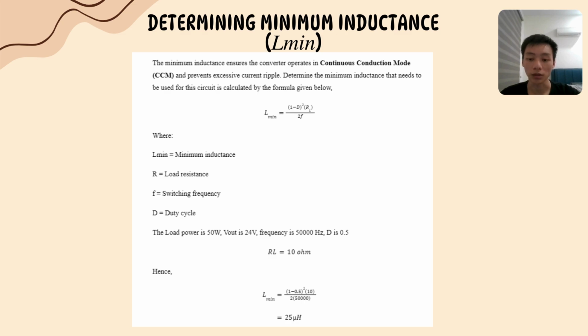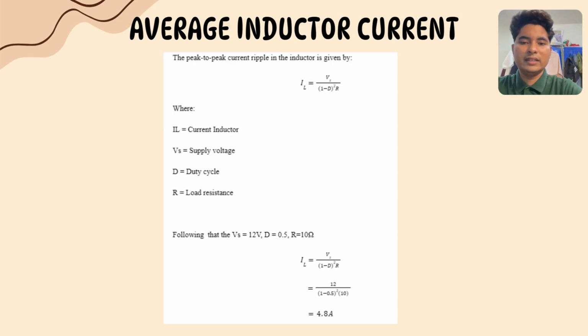F is the switching frequency. We have a 10 ohm load resistance and we get a minimum inductance of 25 microhenry.